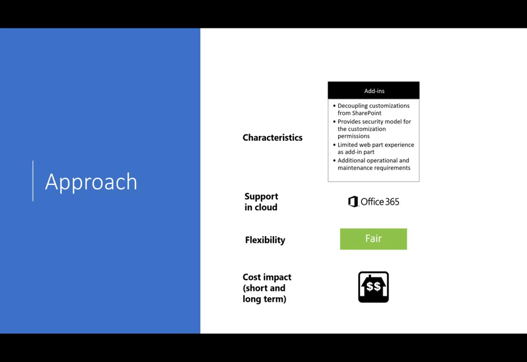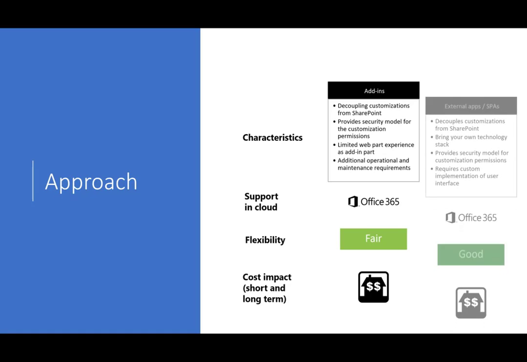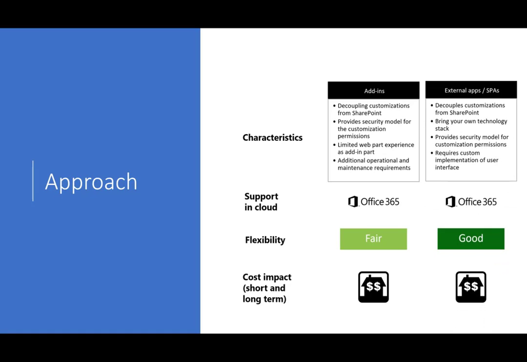The style you develop them in is loosely coupled from the application. They have fair flexibility to consume and develop. The cost of impact in the short and long term is medium. They are pretty much supported, and I don't see any road map or information where they won't be supported in the near future. But in Azure, you might not have written a program to extend any existing service. You write around external services or external apps, or it could be a single page app or a website or a Xamarin app, which will extend that information using Azure as a platform.